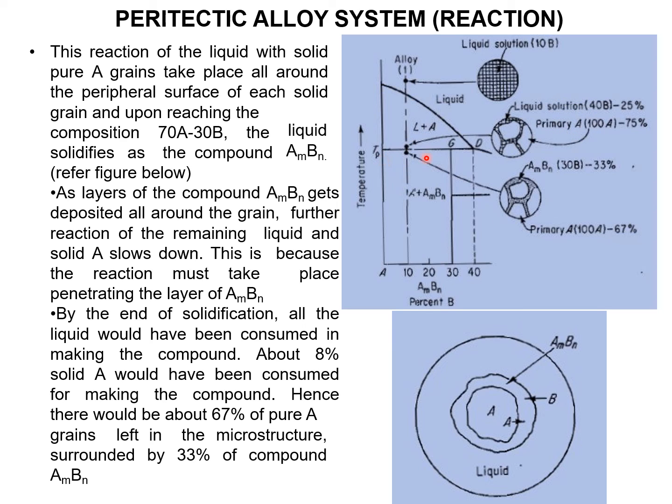Once it crosses this peritectic temperature, the entire liquid is converted into solid due to the diffusion mechanism, and primary solid grains are there. The percentage is primary A 67 and solid compound 33 percent. Like this the peritectic reaction will occur.